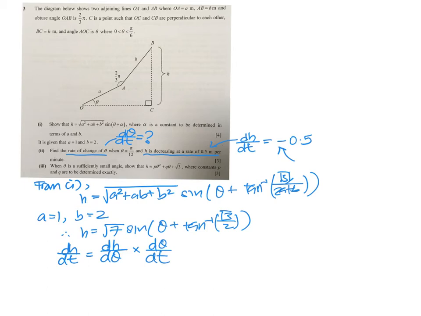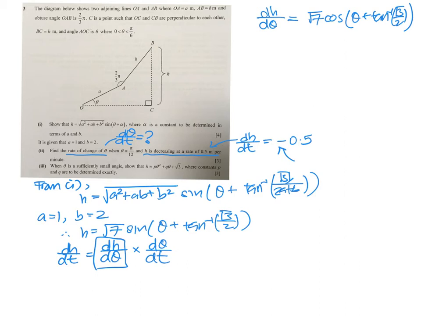So therefore, we need to find out what dh/dθ is. Differentiating h with respect to theta gives root 7 cosine of theta plus tangent inverse root 3 over 2.